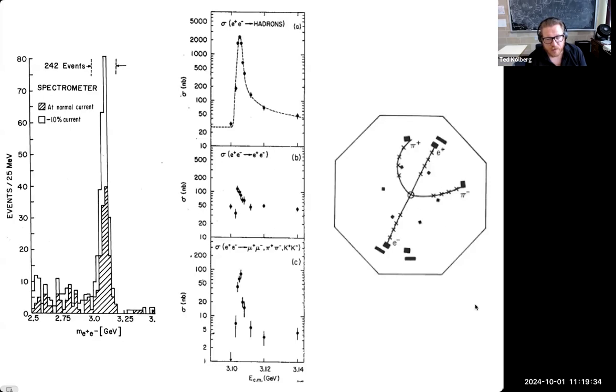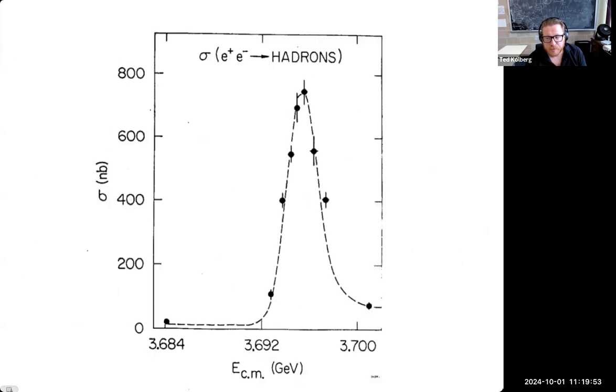The conclusion from the community was a rapid agreement that there's a new species of quark, which we'll come to know as the charm quark, which turns on at about 3.1 GeV center of mass energy.